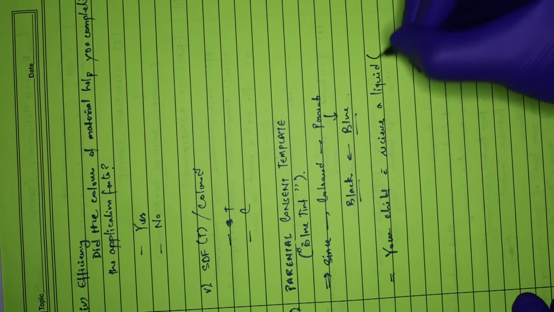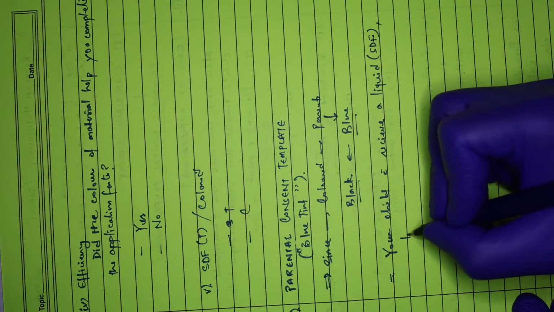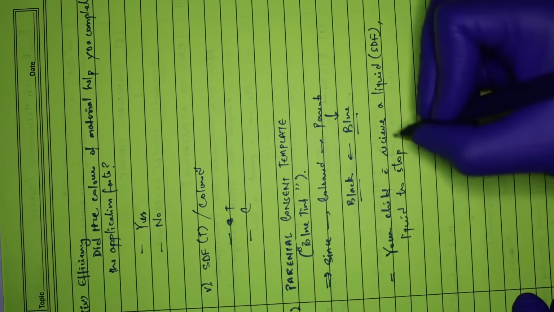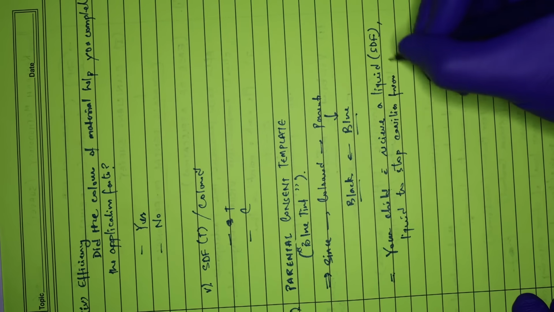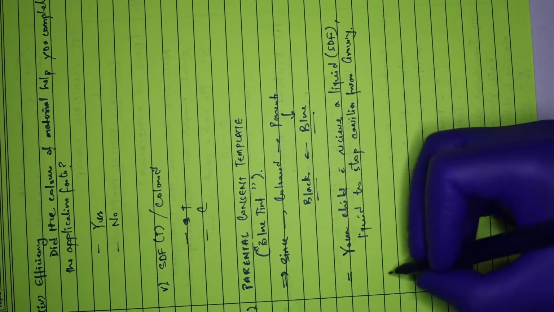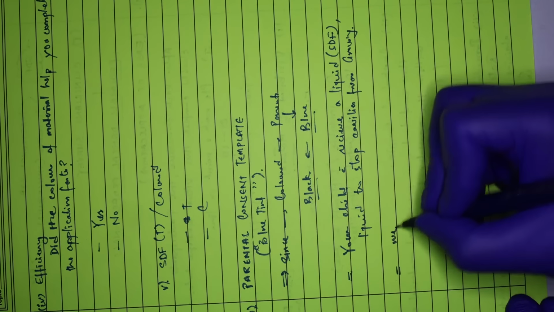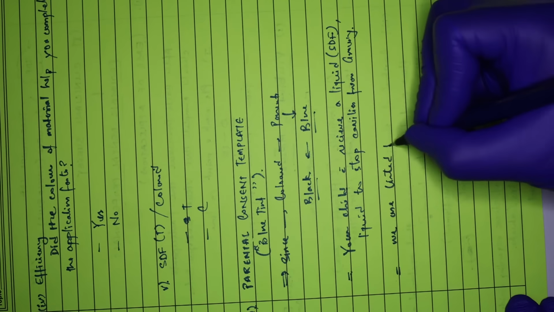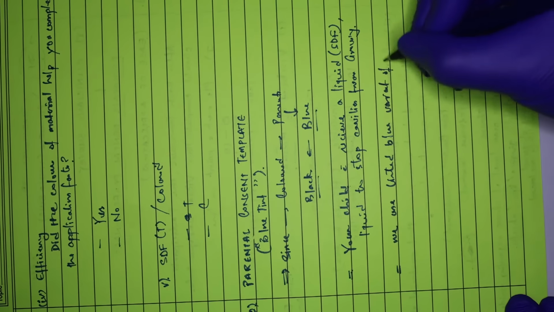In simpler terms, this liquid is SDF, which, in layman's terms, is a liquid to stop cavities from growing. And the third piece of information you are providing is that we use a tinted blue variant of this medicine.